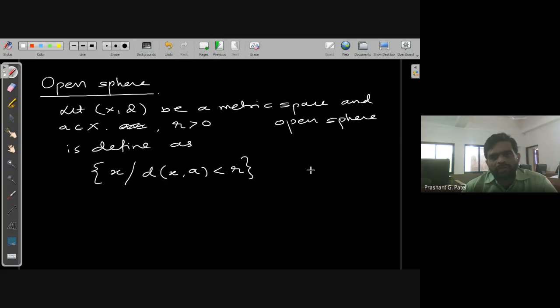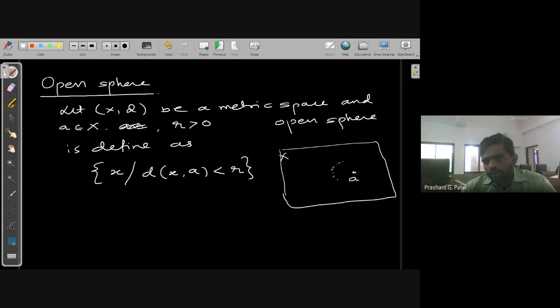Okay, if you can see in the plane, or in R2, this is your set X and this is the point A. What I have said here is that it is the set of all points having the distance between x and a less than r.